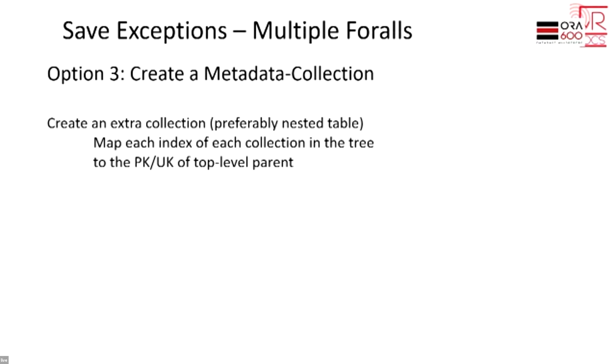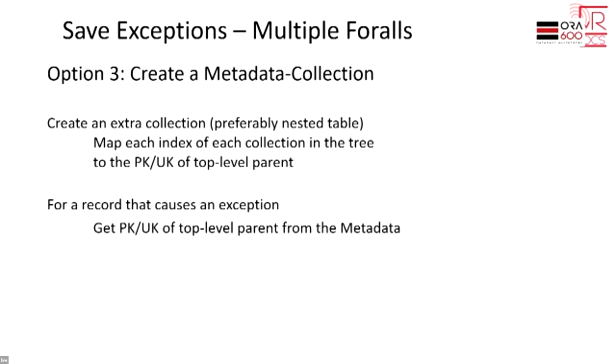You create a collection, and you map each record in each collection to the primary key of the top-level parent. Then for a record that causes an exception, you can get that primary key of the top-level parent, and with that, you can get all the records in all the collections that belong to that same primary key.